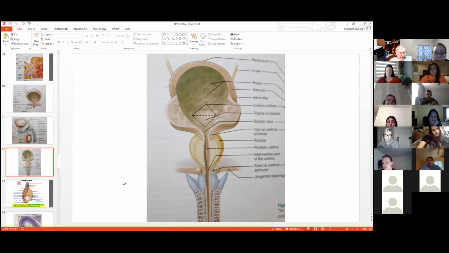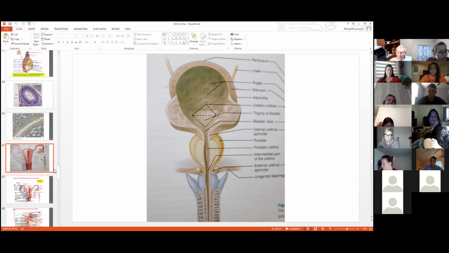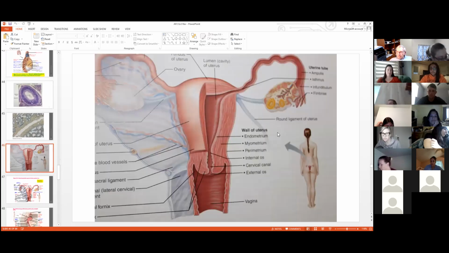Okay, number 19, the ovary. The ovary is the female reproductive organ or gland.